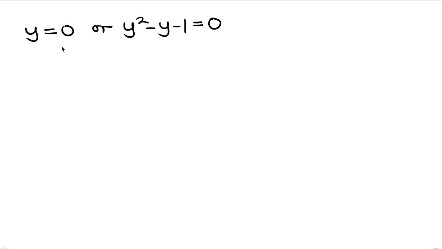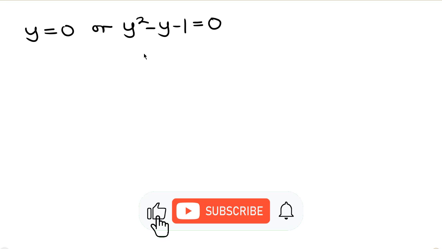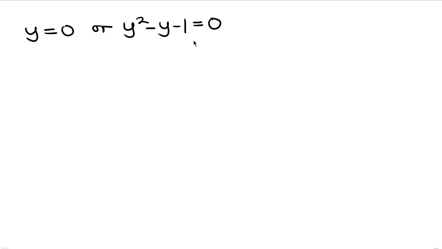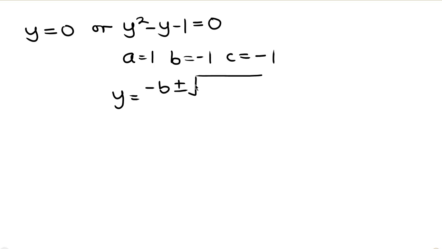Now, for these two cases, we've got from the first case that the value of y is 0. So that is for the first case. Now, for the second case, we have a quadratic equation. So we're going to be using the quadratic formula to solve this. Here, a is 1, b is -1, and c is also -1. And now using the quadratic formula, we have y equal to -b plus or minus the square root of b squared minus 4ac all over 2a.